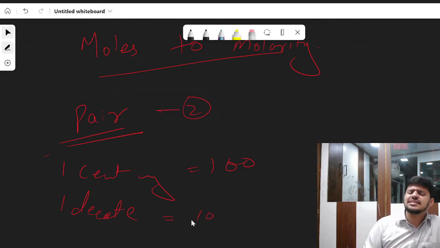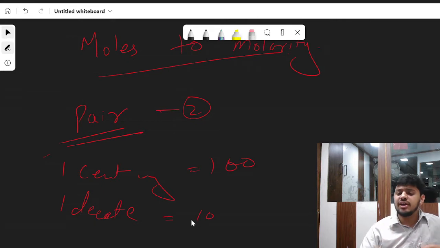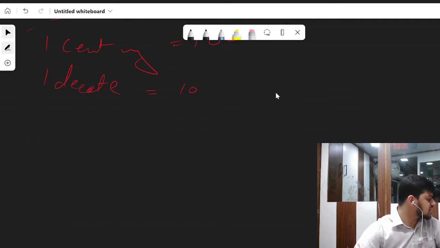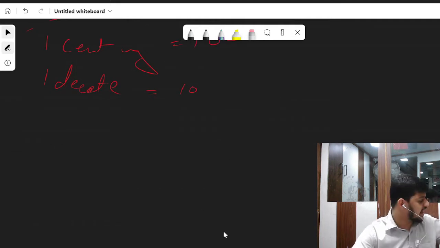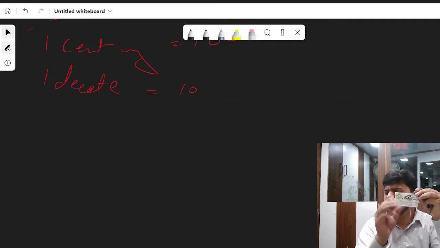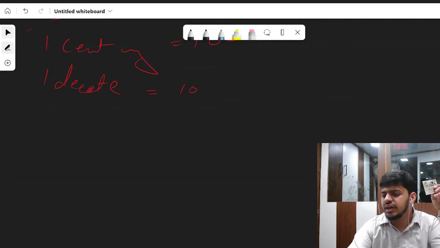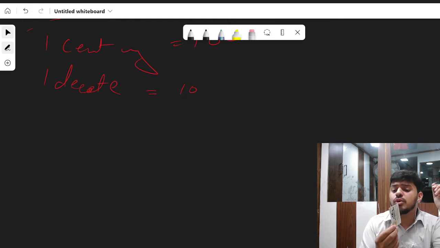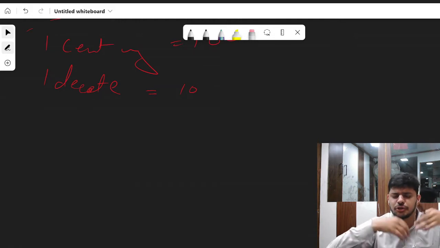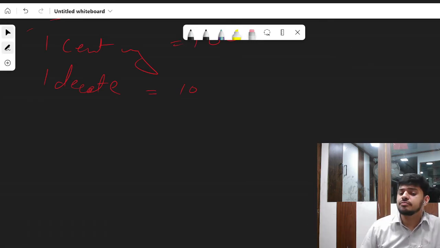You already know, guys, the atom is very, very small. Wallah, very small. Whenever we talk about any atom or molecule, it is very small. So let us consider, see, I have this card. This card is very small for me, but it may have trillions and billions of atoms.